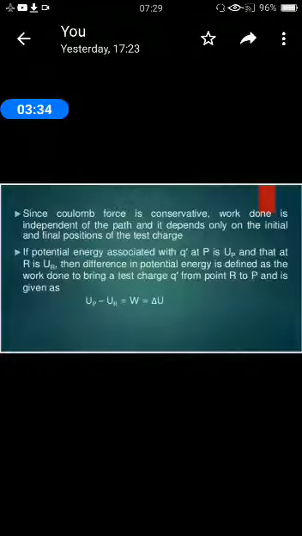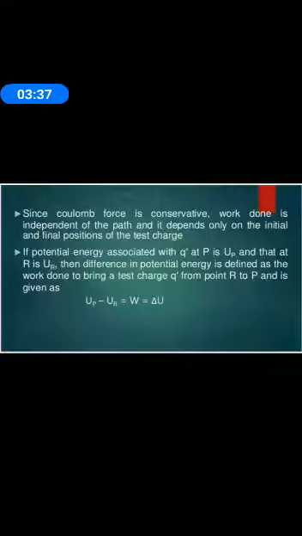Suppose the potential energy associated with Q prime at the point P is marked as UP, and the potential energy associated with Q prime at R is UR. Then the difference in potential energy is defined as the work done to bring a test charge Q prime from a point R to P, and is given as UP minus UR.